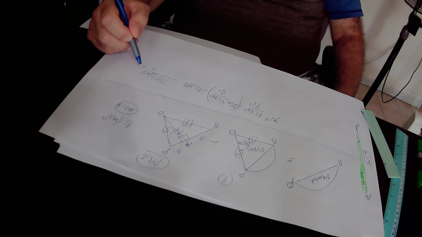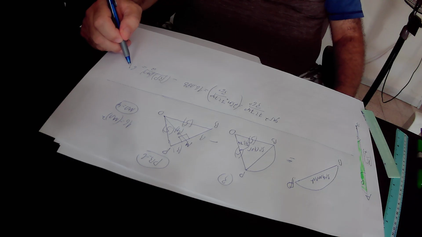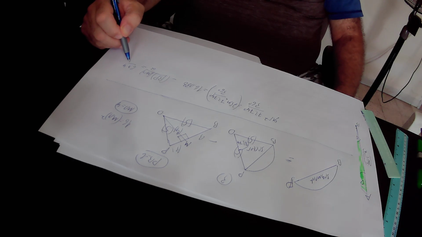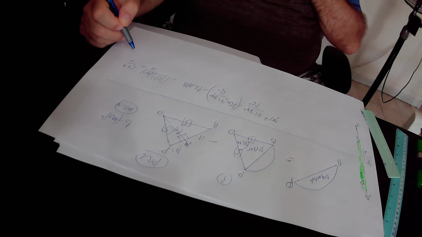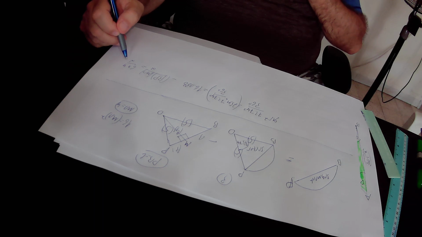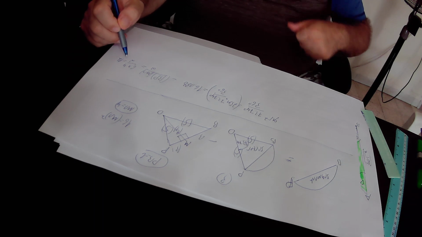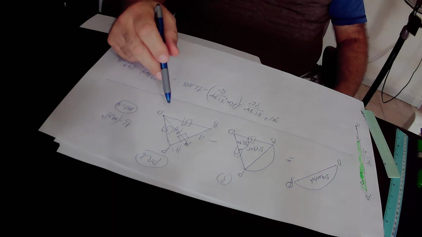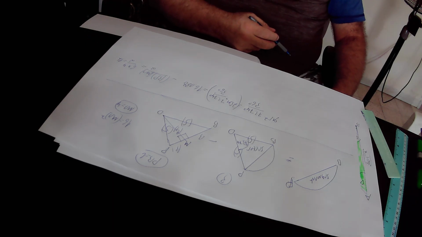BP is 6 times MO is 4 over 2. 4 over 2 is 2, and 2 times 6 is 12. So in total, the area of this associated triangle BPO is 12 square units.